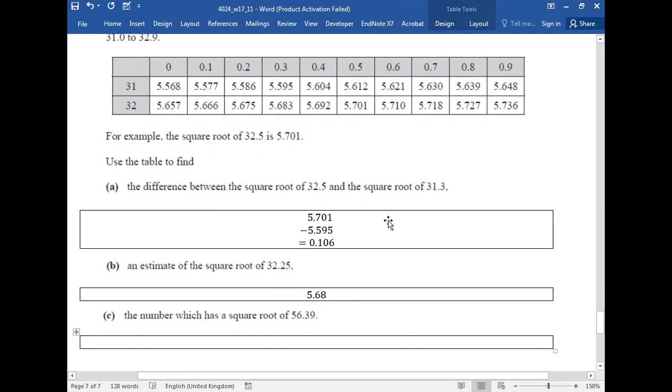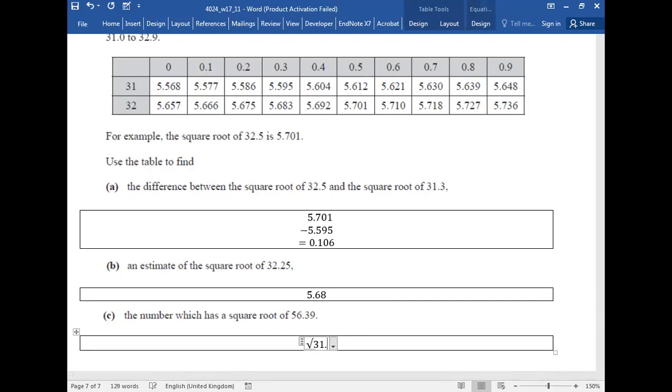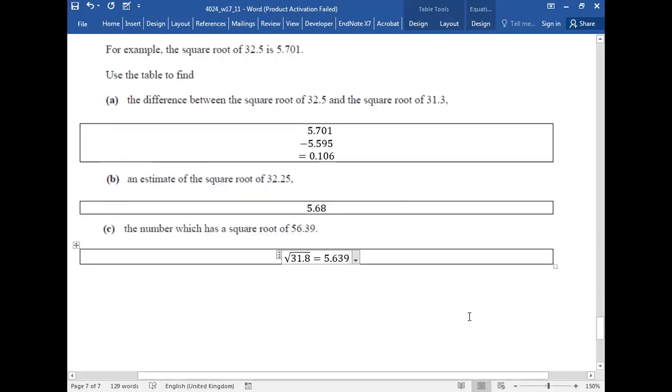Look at it in decimals. 5.639 is the square root of what? Of 31.8. The square root of 31.8 is 5.639. Is that right? Is that right or wrong?